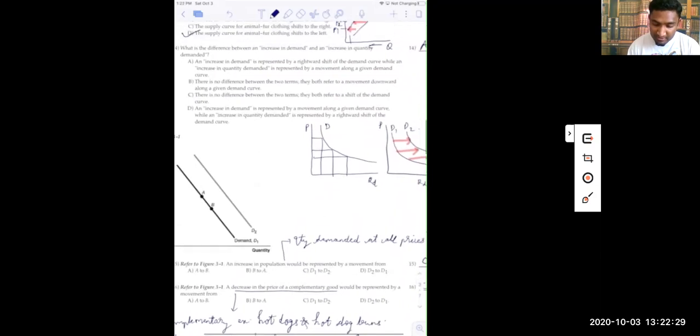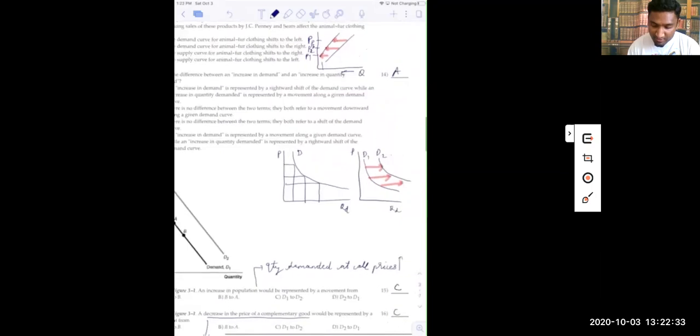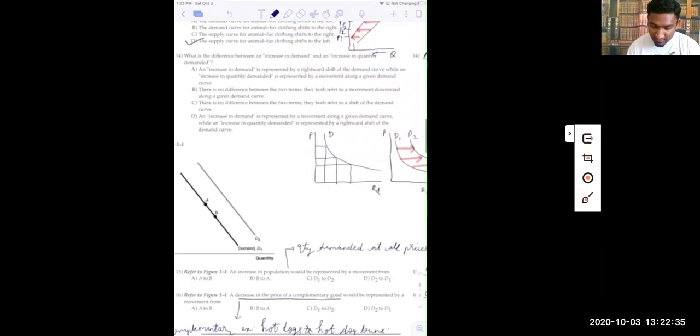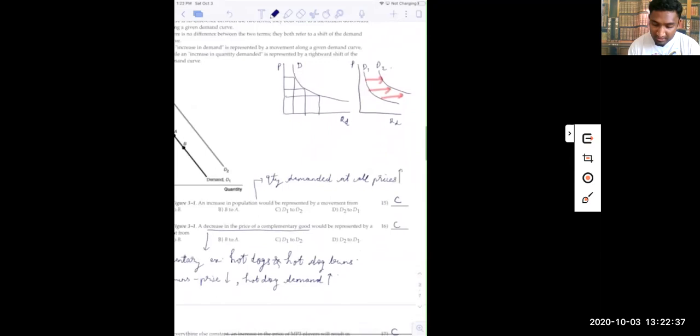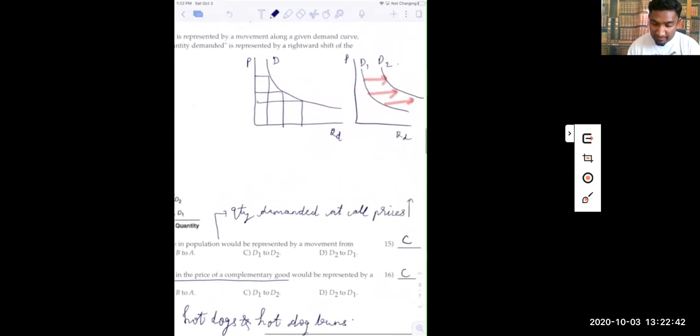What is the difference between increase in quantity, increase in demand, and increase in quantity demanded? So take a look at this. These are quantity demanded, and these are our prices.